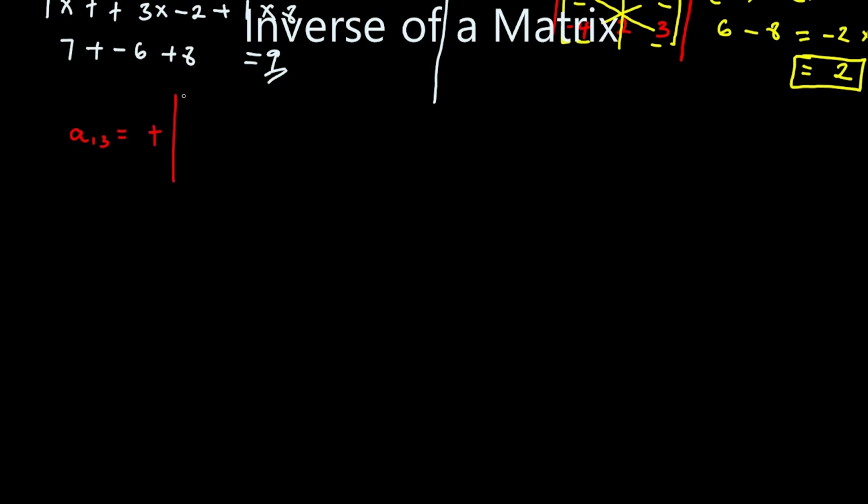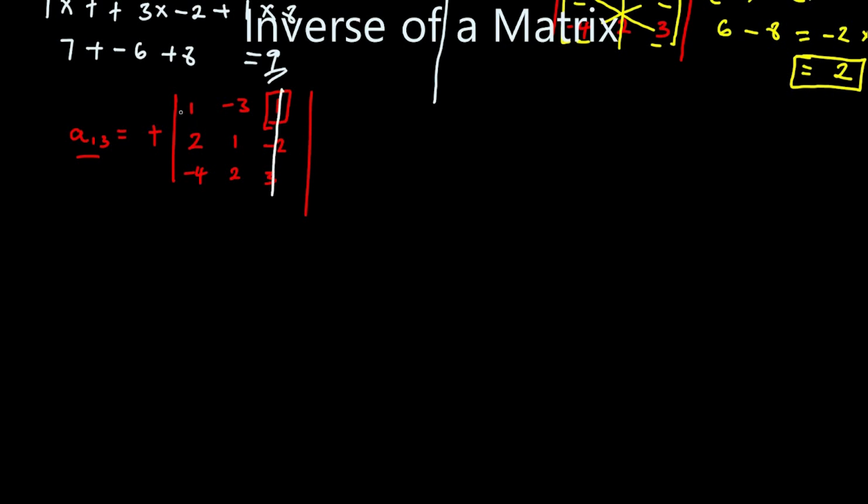We bring our matrix, which is 1, minus 3, 1, 2, 1, minus 2, minus 4, 2, 3. We are dealing with the element in A13, so that is this element here, and we are going to close the row and the column that contains this element 1.